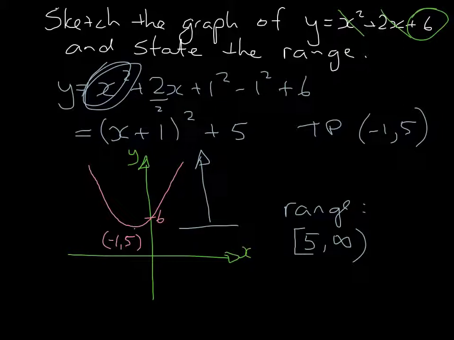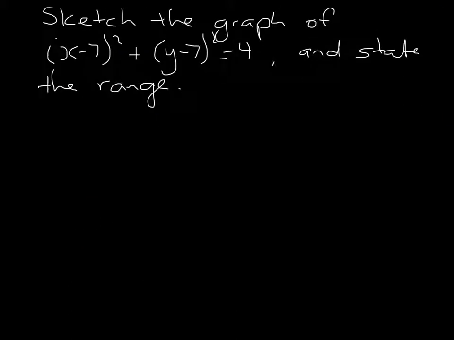Let's move on to the next question. Sketch the graph of x minus 7 squared plus y minus 7 squared equals 4 and state the range. So this is going to be a circle graph with the centre at 7 and 7, and the radius is the square root of 4, which is equal to 2.